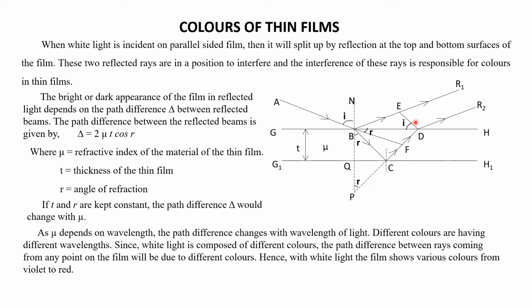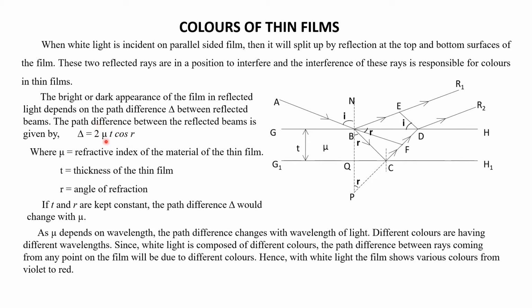The path traveled by the first ray is BE and the path traveled by the second ray is BC plus CD within the film. So BC plus CD minus BE is the path difference between these two reflected rays, and on derivation you will get this relation as delta is equal to 2 mu t cos r.